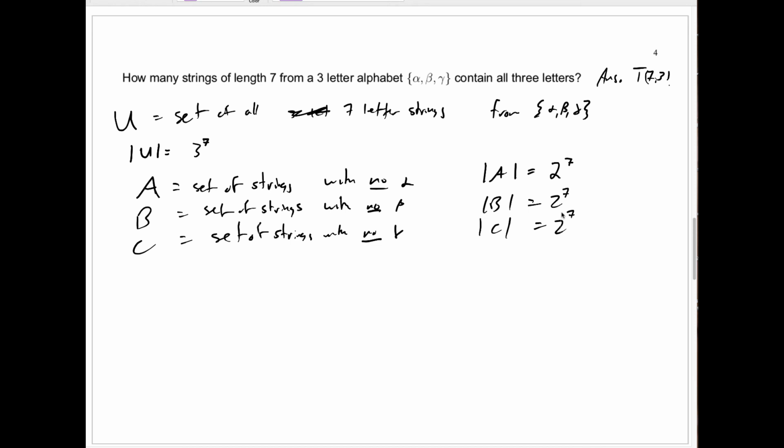If it were just that they're easy to count, they still might not be useful. They're useful because of the thing we want to find, so we'll always put this WTF. WTF always stands here for want to find. We want to find how many 7-letter strings contain all 3 letters. Well, containing all 3 letters means they're not in A, which means they're in A complement.